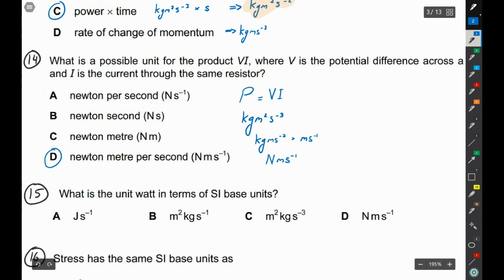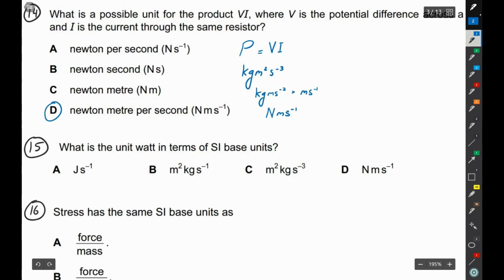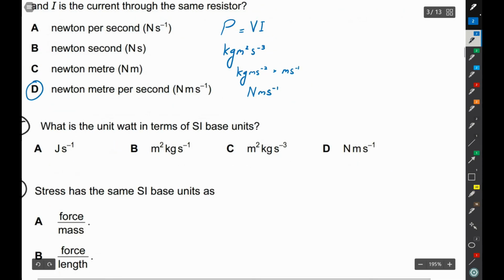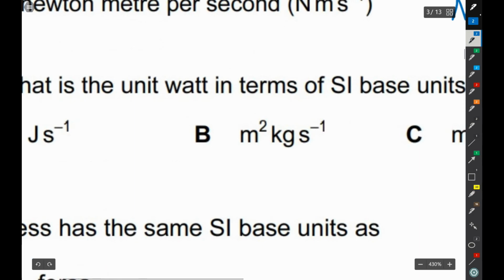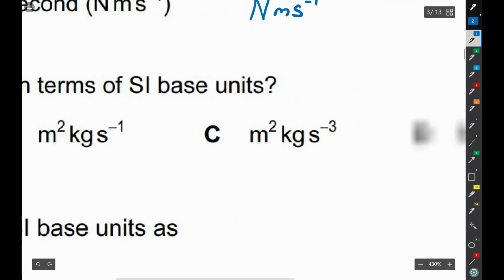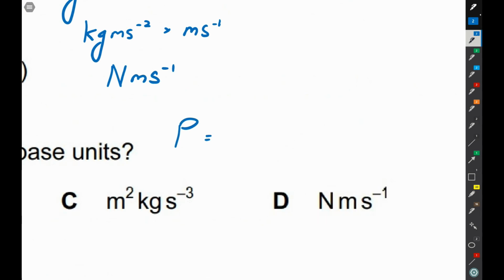Right. Okay, the last question for this video, question number 15. What is the unit, in terms of SI base units? Now, किसका unit होता है? Power का. ठीक है. And power के units मैंने दो दफ़ा derive किए हैं ऊपर. I am going to do it again. Power is work done over time. Work done is force into displacement. Force के units होते हैं kg m s minus 2. Distance is m.